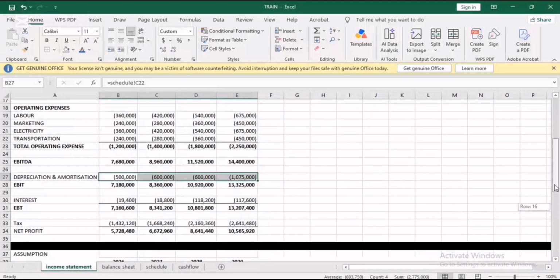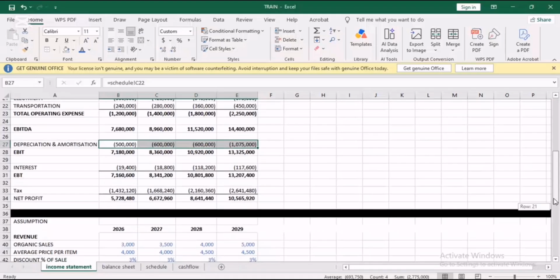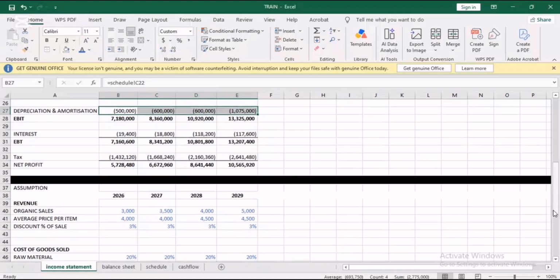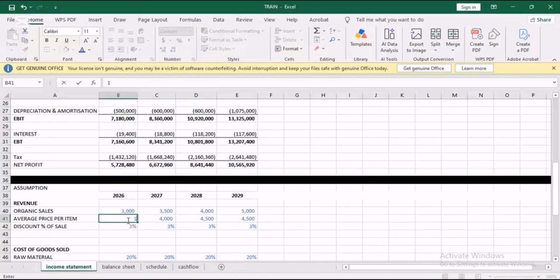Let's assume that we needed more net profit. How can we do that? We can achieve more net profit by projecting more sales or increasing the prices. For instance, let's assume that the price of the item is 10,000. You notice the change, the impact here.